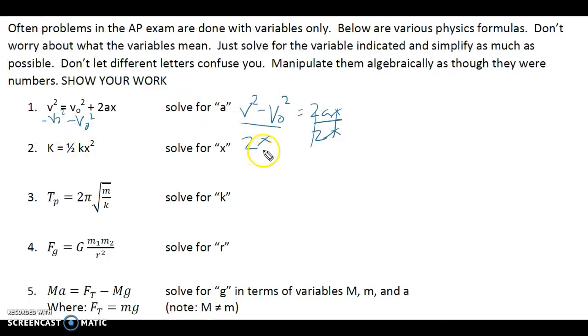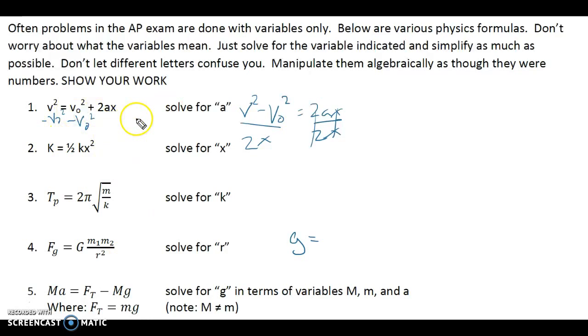When I say in terms of variables, I mean I want little g equals, and whatever is to the right of that equal sign must be made up of big M, little m, and a.